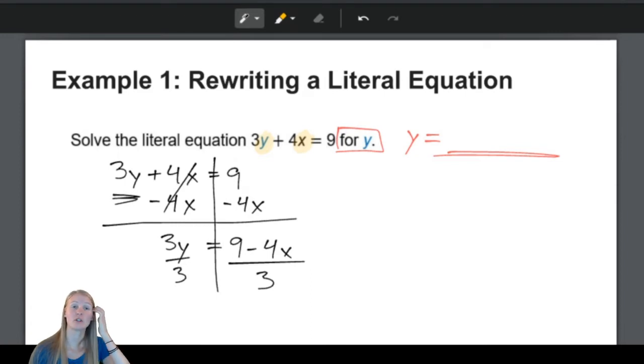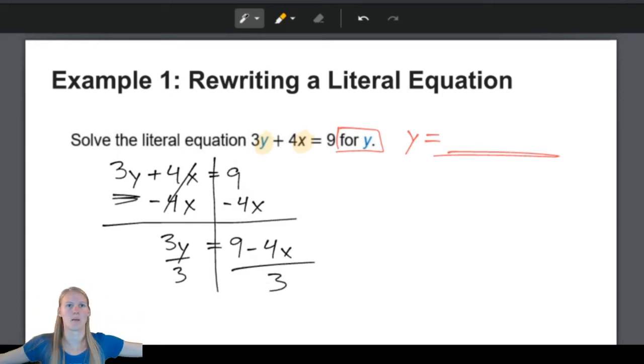Now remember, when you divide by 3, you must divide the entire side by 3. You can't just divide 9 by 3. You're messing up your equation. It's not balanced unless you divide everything by 3. Remember, we want to keep our teeter-totter balanced, so you must divide everything by 3.